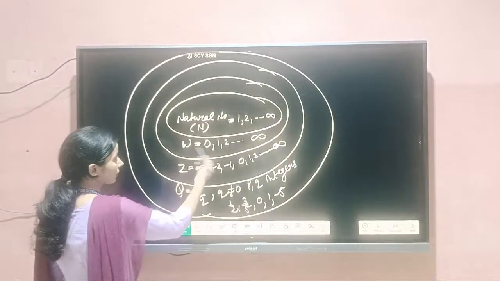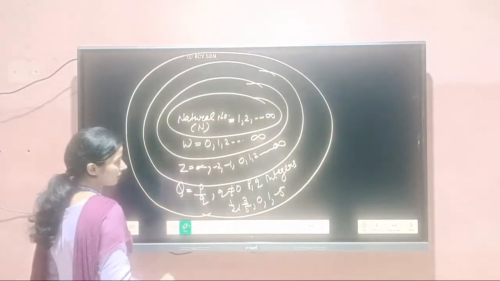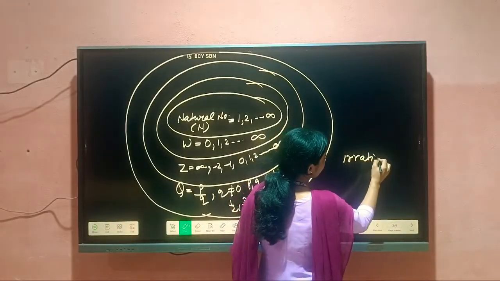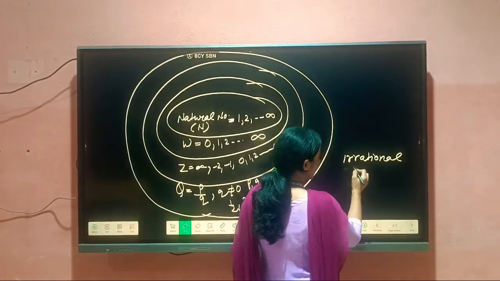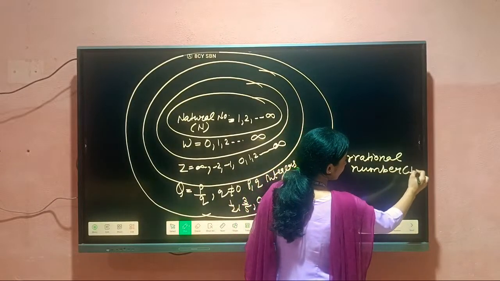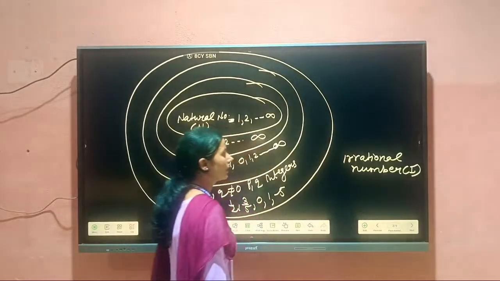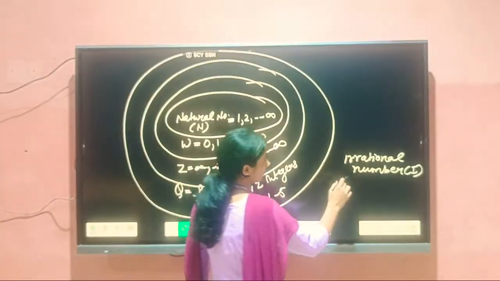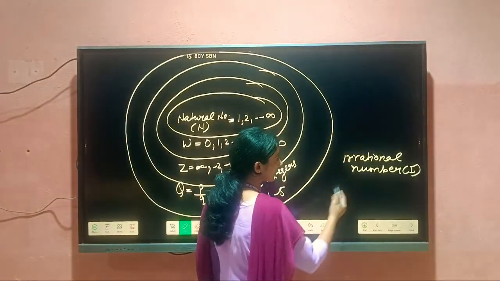Okay, now after this we can discuss irrational numbers. Irrational numbers are denoted by I. See, the numbers which are not rational are irrational numbers.